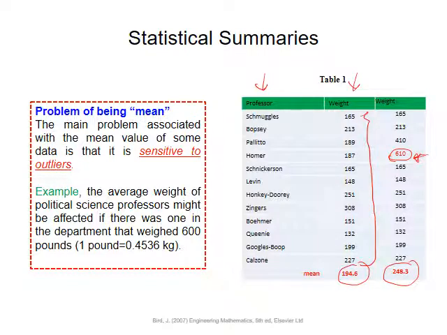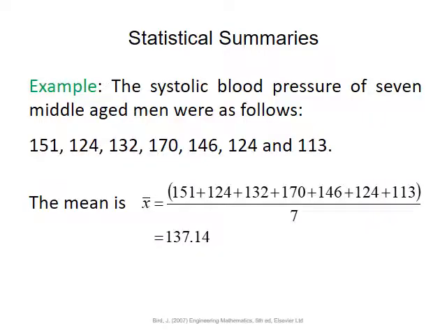Any odd number in your data will not be discovered by the average and will give a wrong impression about your data. So it is not preferable to depend on one statistical summary. You need to take more than one, because you are looking from different side views.